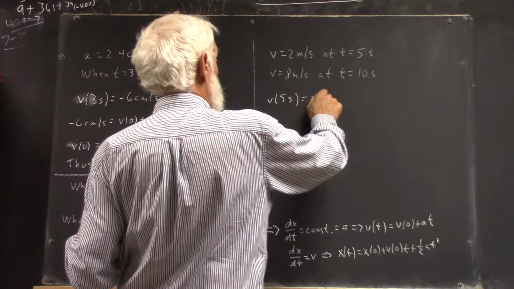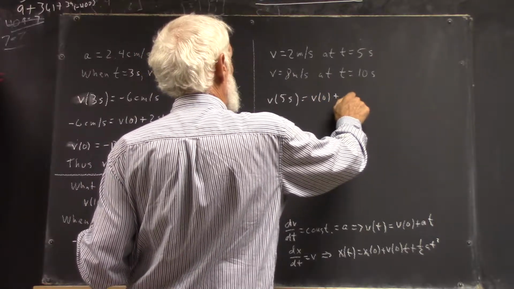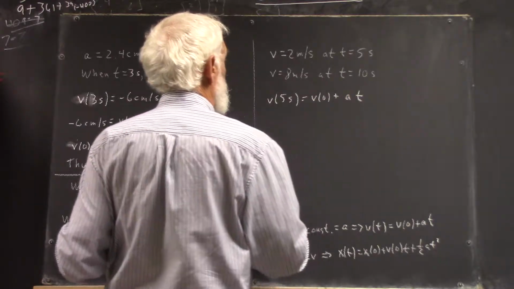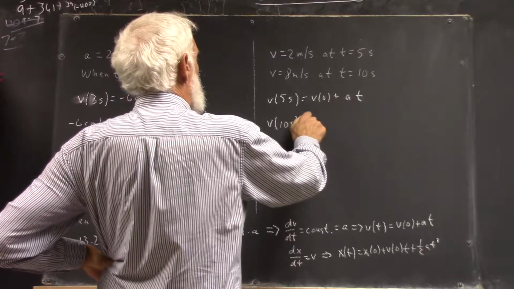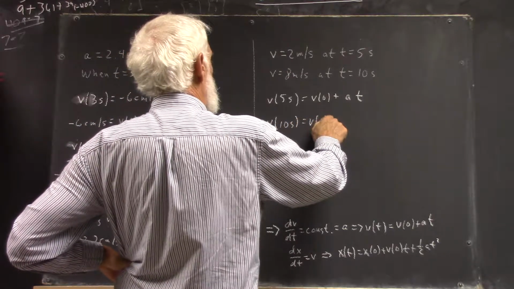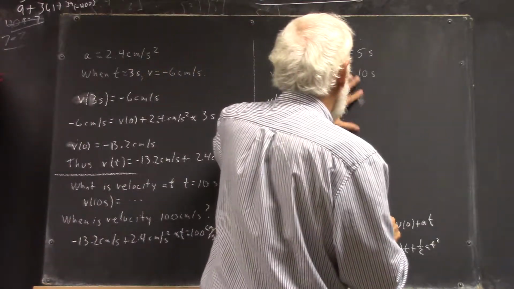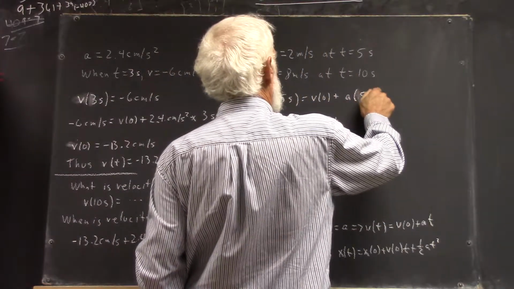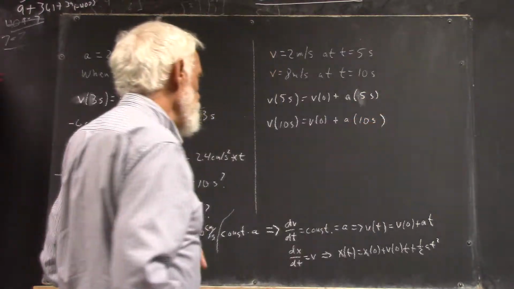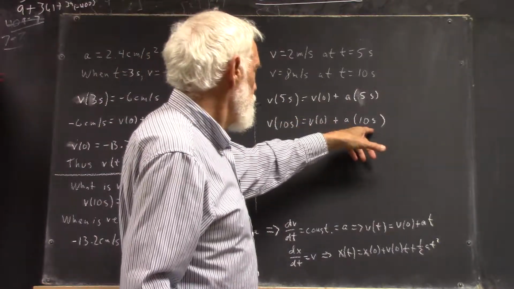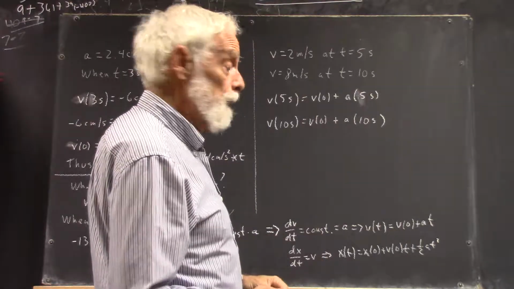V of 5 seconds equals v of 0 plus a times 5 seconds. And v of 10 seconds is v of 0 plus a times 10 seconds.